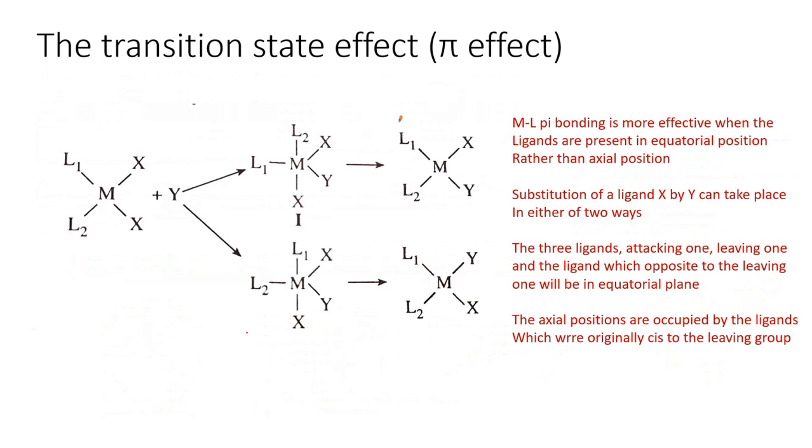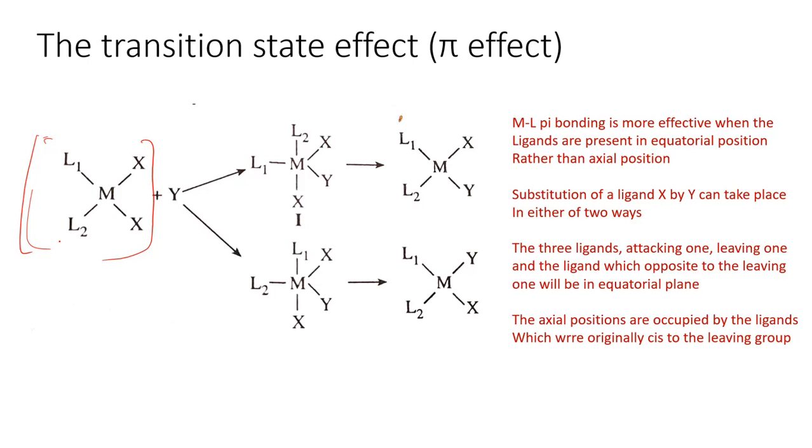Okay, so in this case we are trying to elaborate the mechanism. This is a square planar complex, for example M, L2 and X2. Suppose the attacking ligand is Y. For example, we have taken here two arrangements, because when a ligand is attacking a square planar complex, two arrangements or two pathways are possible.